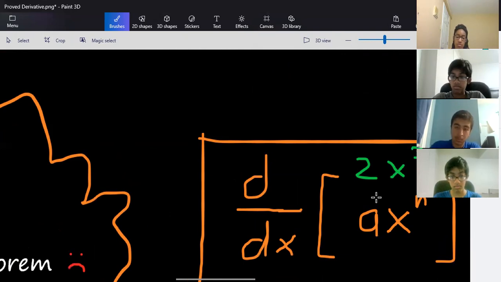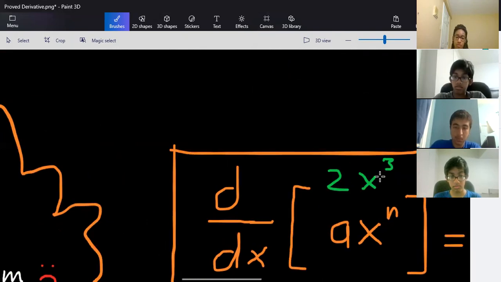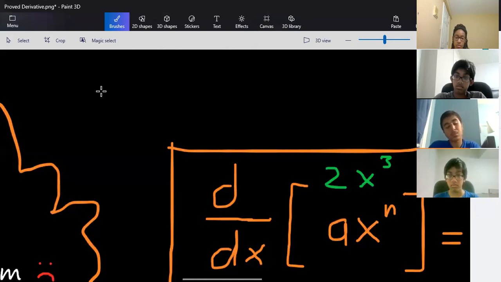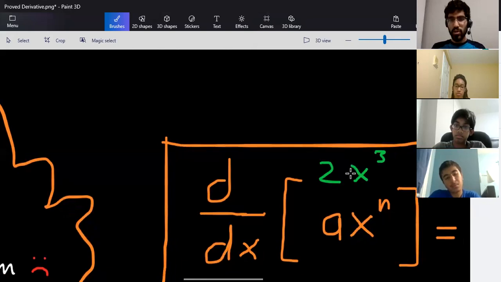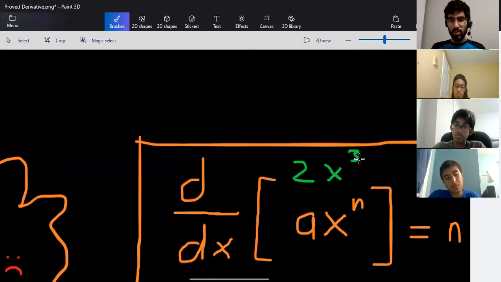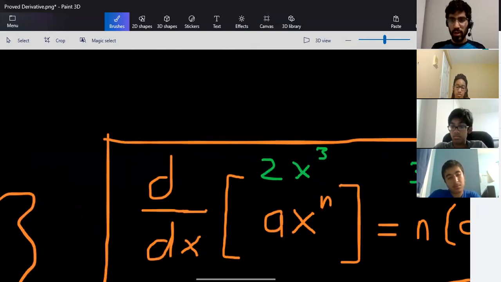What the power rule says is if you have an expression like 2x to the 3 and you want to get a function where you can get the derivative at any one point, the rate of change, then first you take this exponent n, so 3, you bring it out front, and then you multiply it by whatever original thing you had.